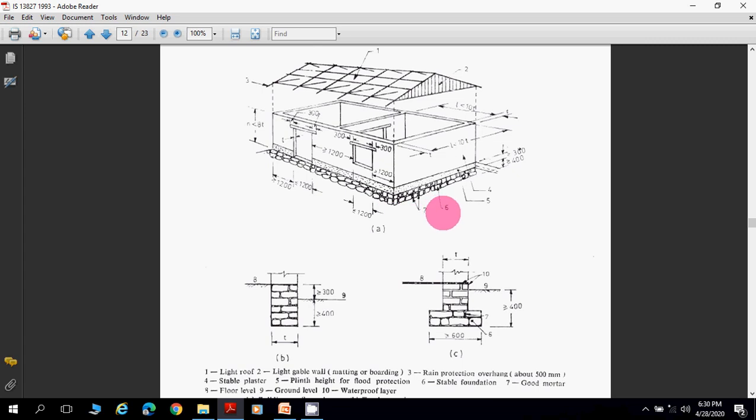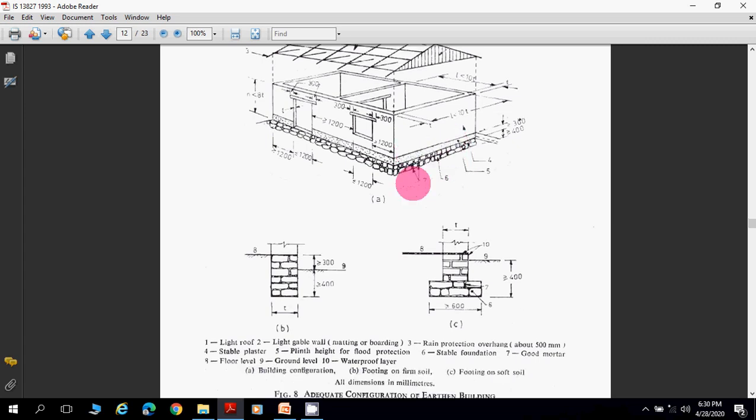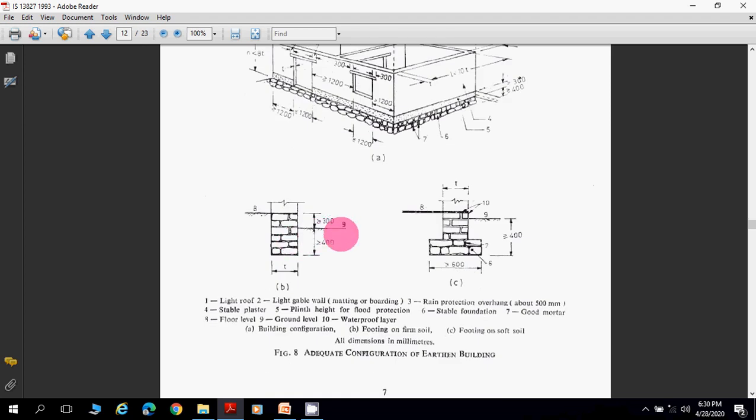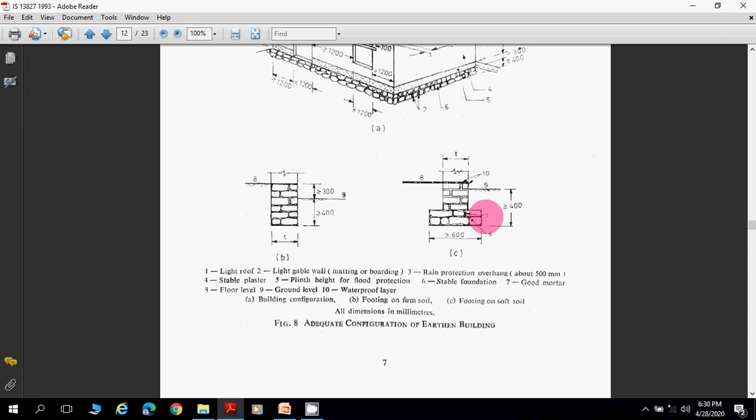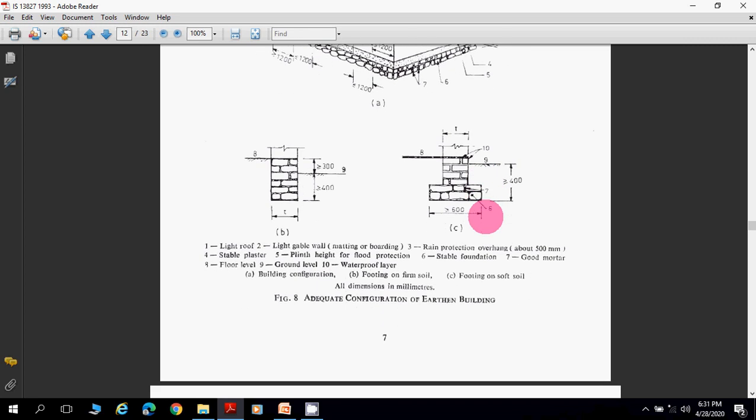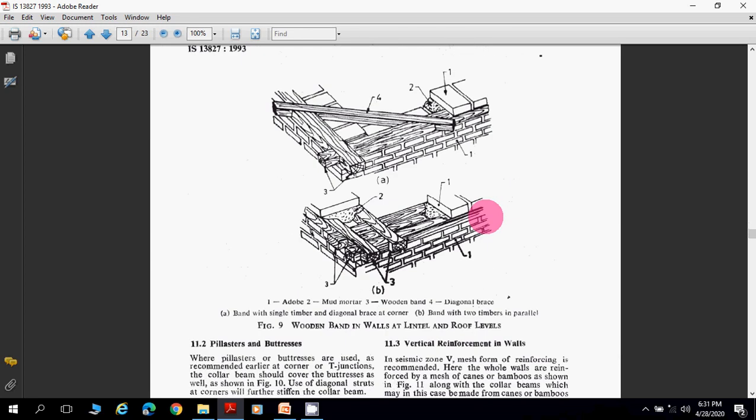Number 6 is the stable foundation. Number 5 is the plinth. So these are the different components of earthen buildings. Number 9 is showing the ground level. Number 8 is showing the plinth level. Similarly, number 10 is showing a waterproof layer. So this is the adequate configuration of an earthen building.